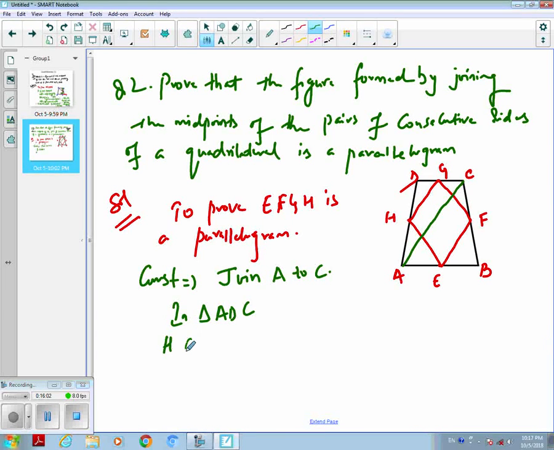H and G are the midpoints of AD and CD respectively.